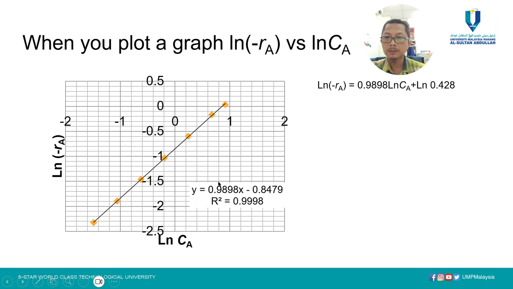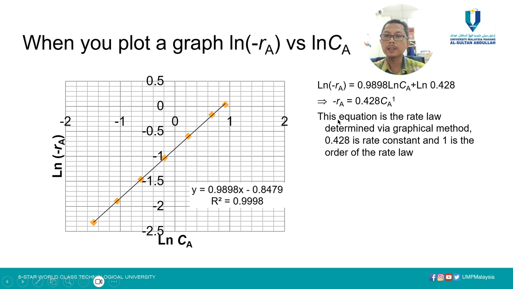What does it mean? Converting into an equation, it will be ln negative RA equals 0.9898 ln CA plus ln 0.428. Converting into power form, it will be negative RA equals 0.428 CA to the power of 1. We round this value to 1. This equation is the rate law determined via the graphical method. 0.428 is the rate constant and 1 is the order of the rate law.